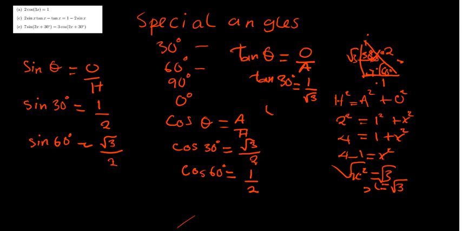Then tan 60 degrees: considering 60, the opposite is the root of 3 and the adjacent is 1. Therefore tan 60 is just the root of 3.